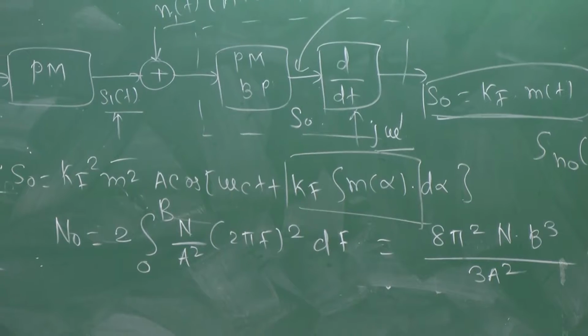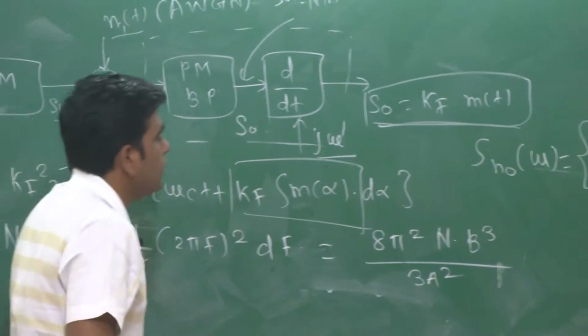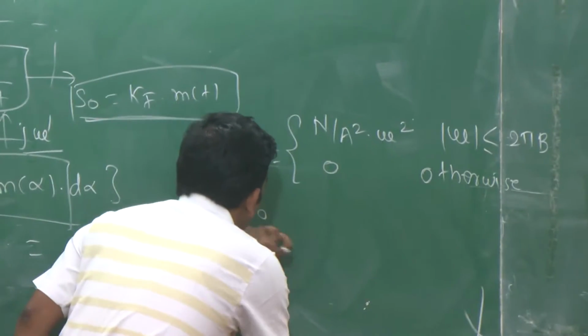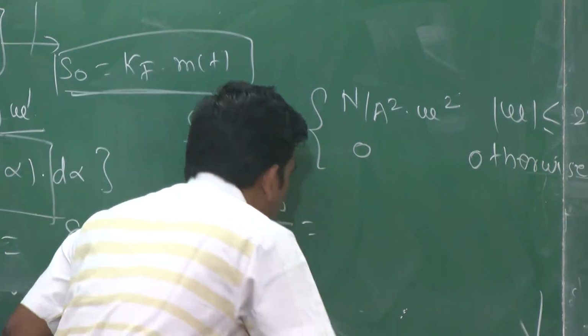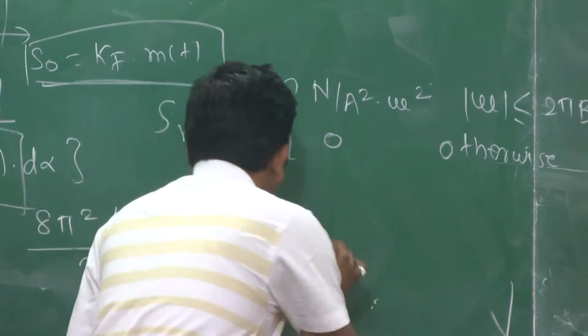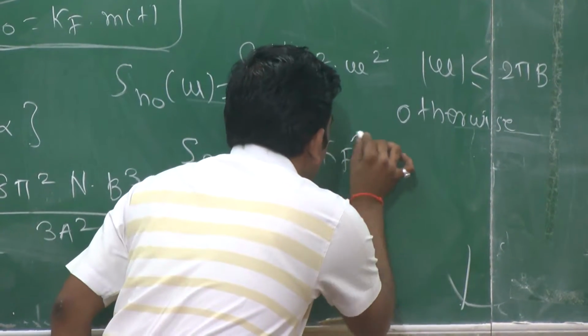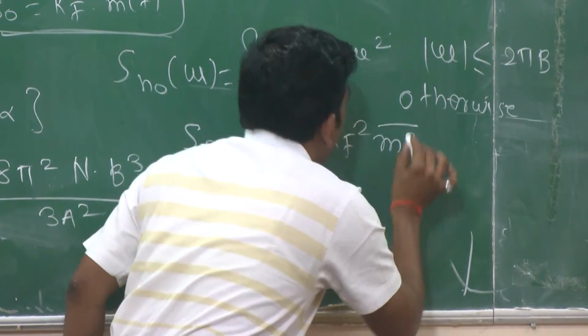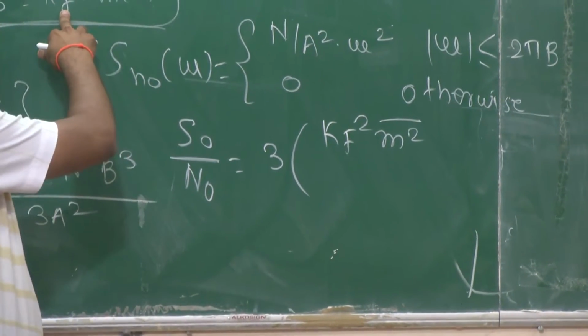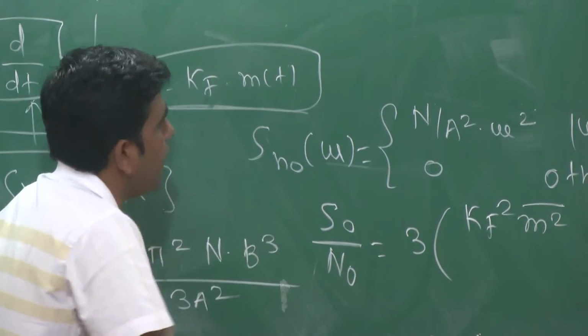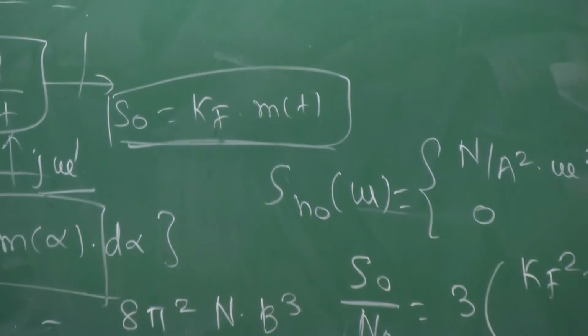Now we have to calculate the output signal to noise ratio, that is S0 divided by N0. Here this is given as 3 into kf square m square bar. The output is S0, that is equal to kf into m of t.